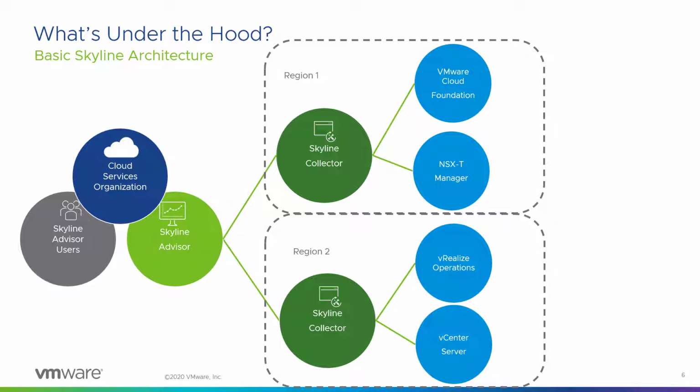In theory this would work, since the product usage data that gets collected is small, kilobytes in size, but you could run into issues when you need to send a support bundle. Those can be many megabytes to gigabytes in size, so to prevent transmission issues, we simply say put a collector in each of those regions. In short, the collector should be where your vCenter Server is.